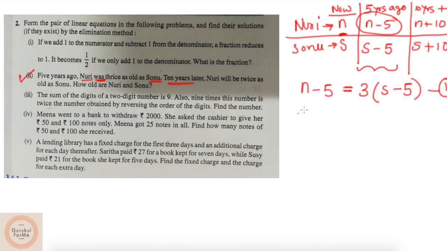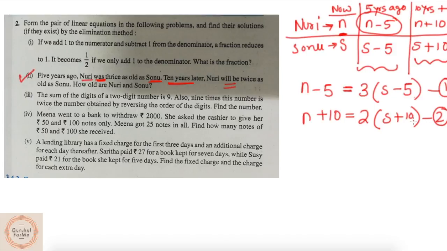Yes, we do. 10 years later, Noori will be, which means N plus 10 is equal to twice as old as Sonu, S plus 10. Did we get another equation? Can we just quickly check if this is the equation that we are talking about? Yes, we can.